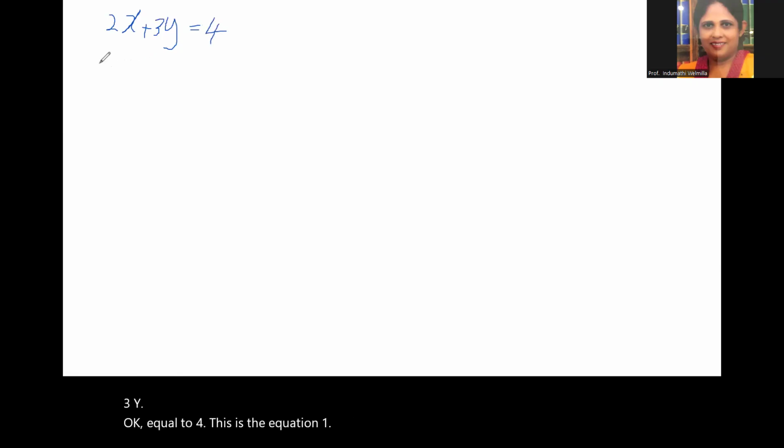And second equation, 3x plus 2y equal to minus 4. So then my question is, solve this simultaneous equation using the inverse matrix.